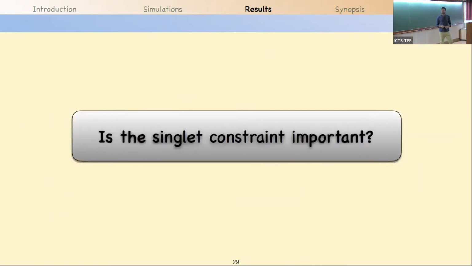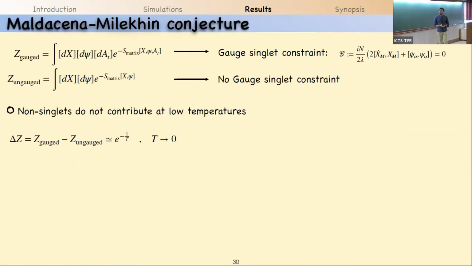So the question we can ask here is whether the singlet constraint is important. This question was asked by Maldacena and Milekhin, where they considered the BFSS and BMN models and asked whether or not the non-singlets play a role.